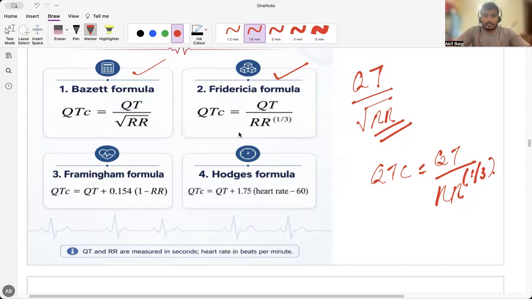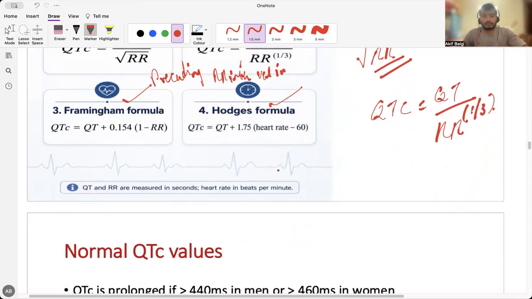All this RR is basically the preceding RR interval in seconds. It has to be calculated in seconds itself. These four are the formulas commonly used.